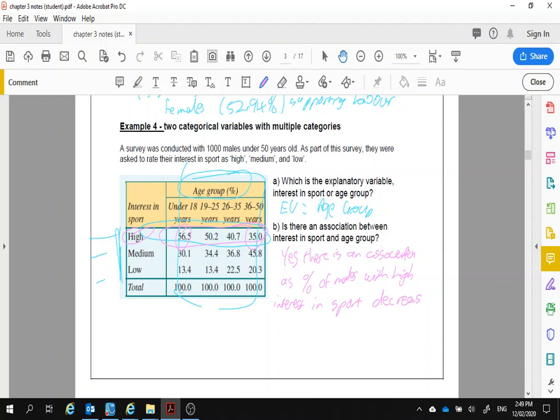So it decreases with age group from 56.5% for under 18 years to 35% for 36 to 50 year olds, or something along those lines.